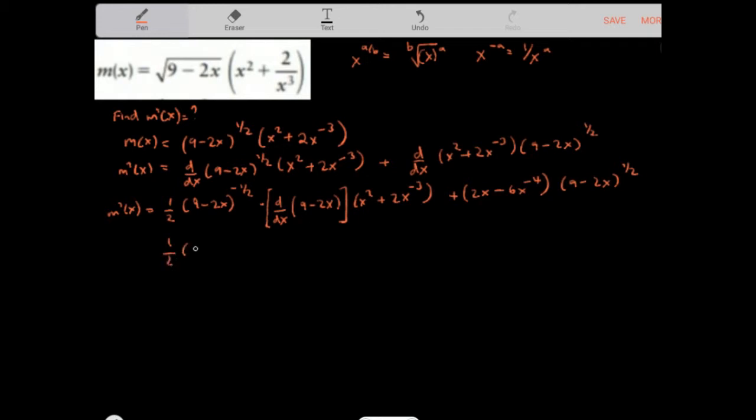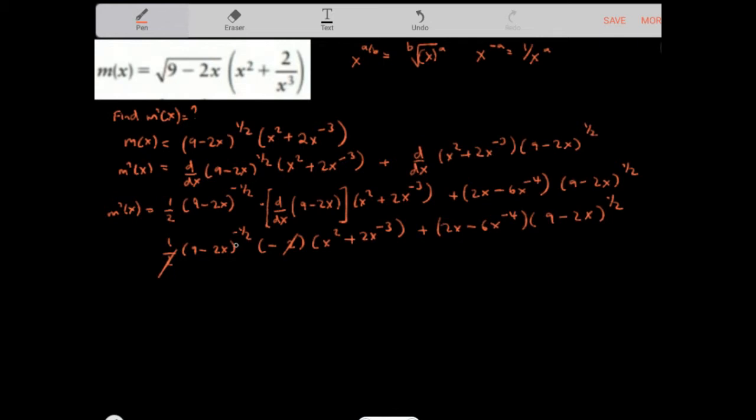So we have 1/2 times 9 minus 2x to the power negative 1/2, times negative 2, times x squared plus 2x to the power negative 3, plus 2x minus 6x to the power negative 4, times 9 minus 2x to the power 1/2. You can already see that there is a 1/2 times negative 2, so this cancels, and you do have a negative here.